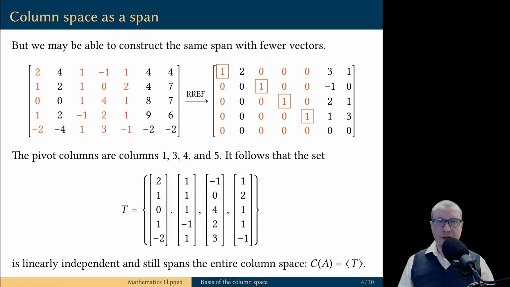In this case, in the reduced matrix, the pivot columns are columns 1, 3, 4, and 5, and therefore, to describe the column space of the matrix A, all we need are columns 1, 3, 4, and 5 of the original matrix A. Moreover, we also know that this set is a linearly independent spanning set for the column space.